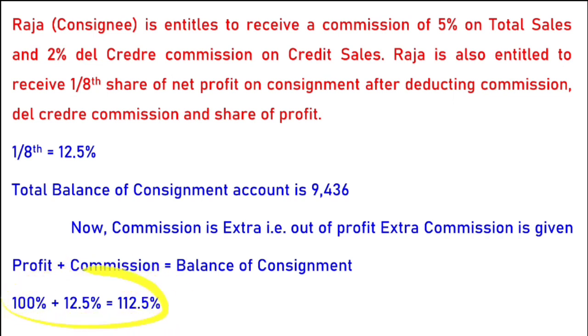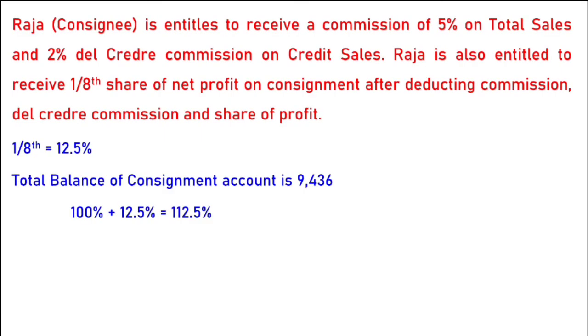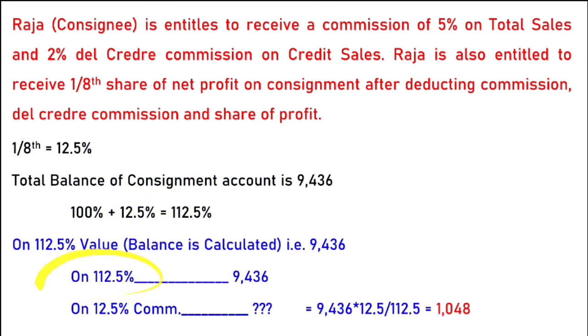So the total balance is of 112.5. દર વખતે તમારે આવી રીતે જ કરવાનું છે. So on 112.5, 100 જે પ્રોફિટ છે એ સિવાય 12.5% કમિશન છે, એક્સ્ટ્રા કમિશન. So on 112.5, the balance is 9,436.